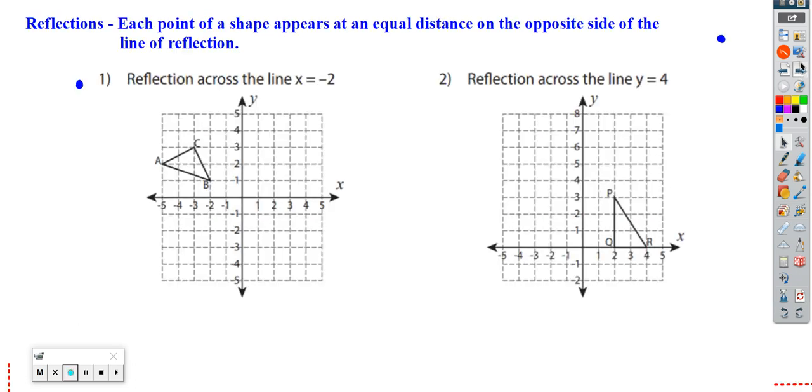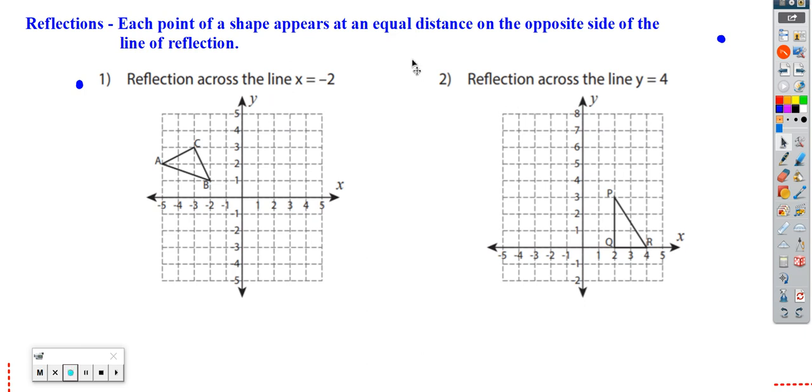Okay, hopefully you have your handout ready. We're going to be doing some reflections here on this handout. If you look at number 1, it says, make a reflection of this triangle ABC across the line x equals -2.